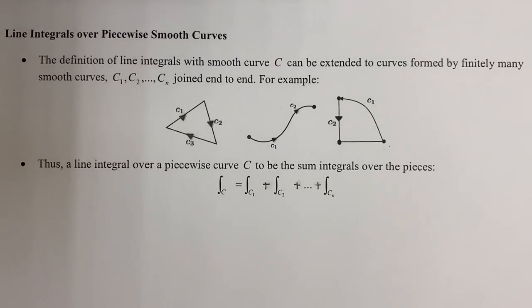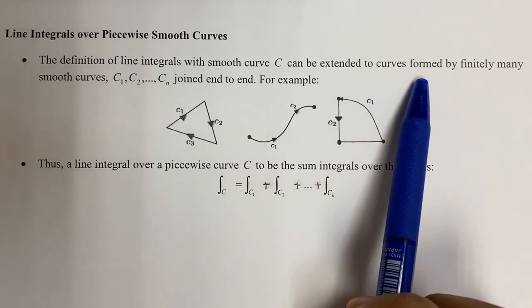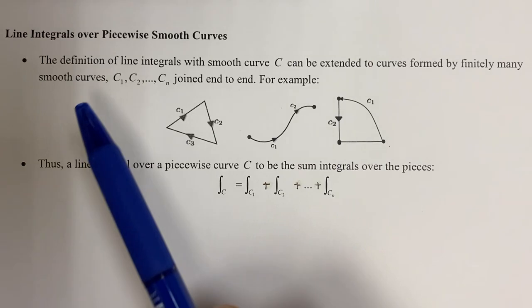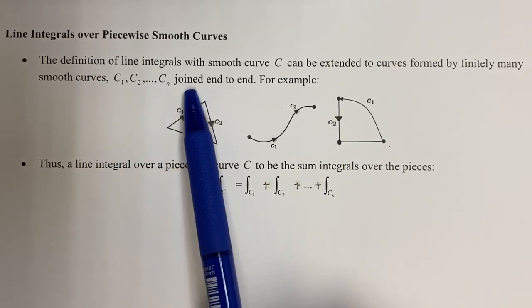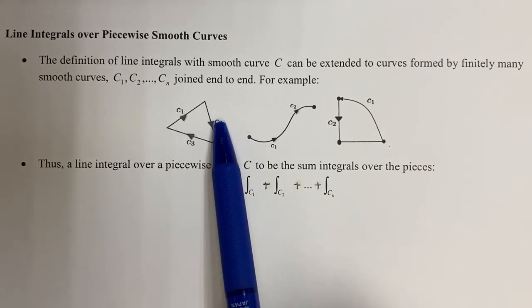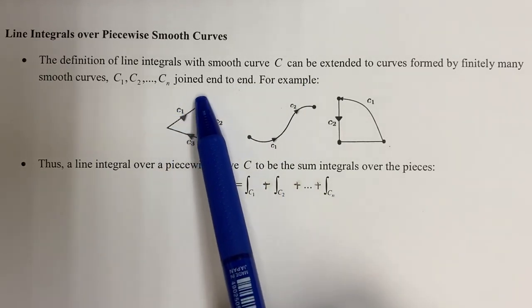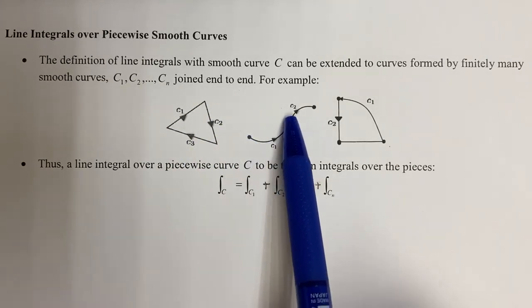We also have the line integrals over piecewise smooth curves. The definition of line integrals with a smooth curve C can be extended to a curve formed by finitely many smooth curves. Let's say we have C1, C2 until Cn, joined end to end. For example, you have C1, C2, C3, with different functions, or C1, C2.